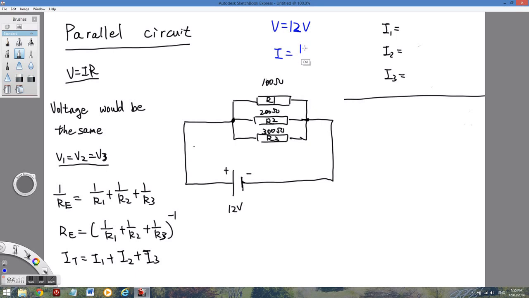Rearrange it, and we can find the current of each. So I have 12 divided by 100, 12 divided by 200, and 12 divided by 300.